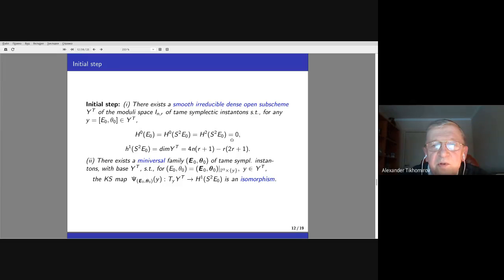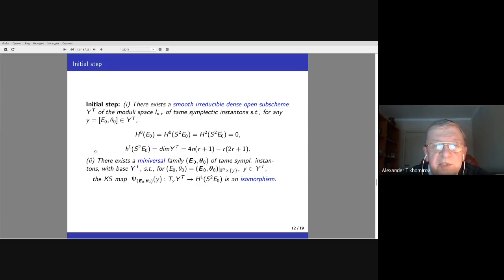And so this implies the generic vanishing of H2. Okay, then respectively H1 of S square is of prescribed dimension, which is given by the formula mentioned above.